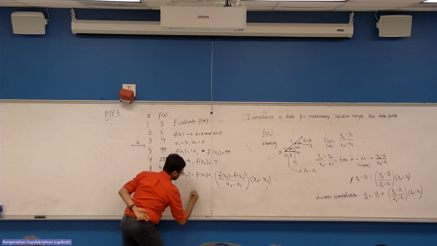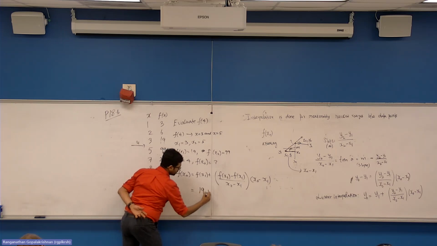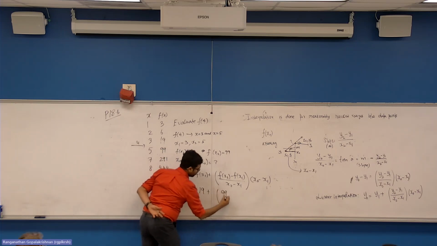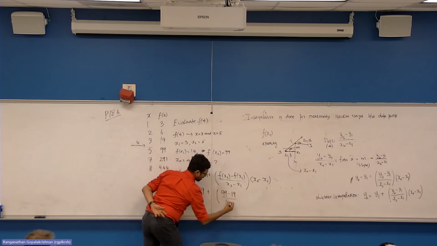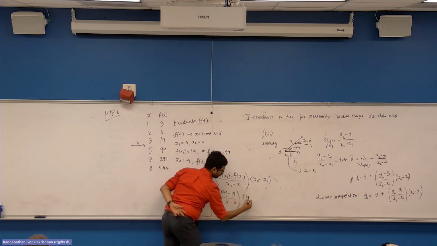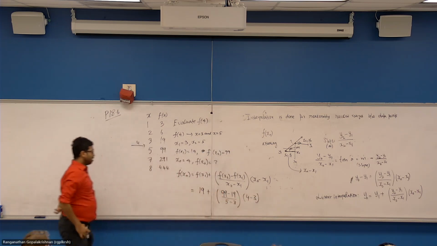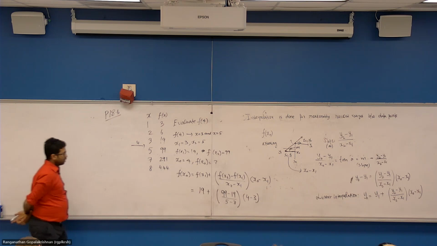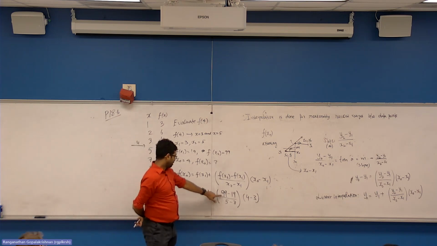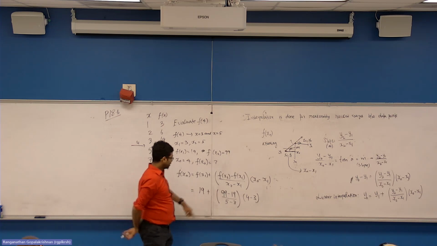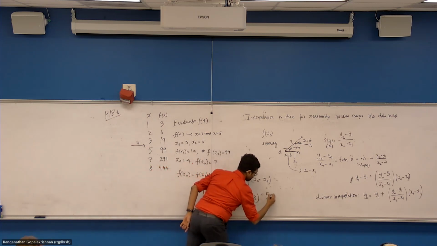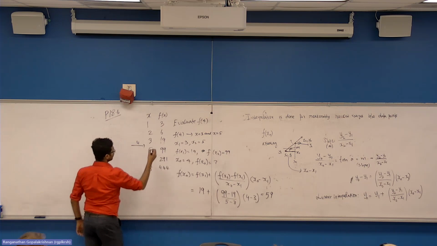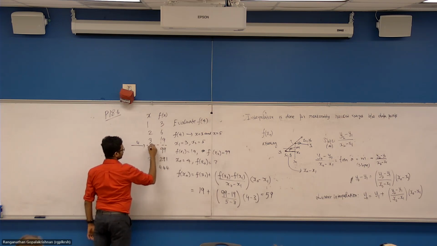So that would be f of x1, which is 19, plus the slope, 99 minus 19 divided by 5 minus 3, times 4 minus 3. This 80 divided by 2 is 40, 19 plus 40 is 59. So f of 4 would be 59.